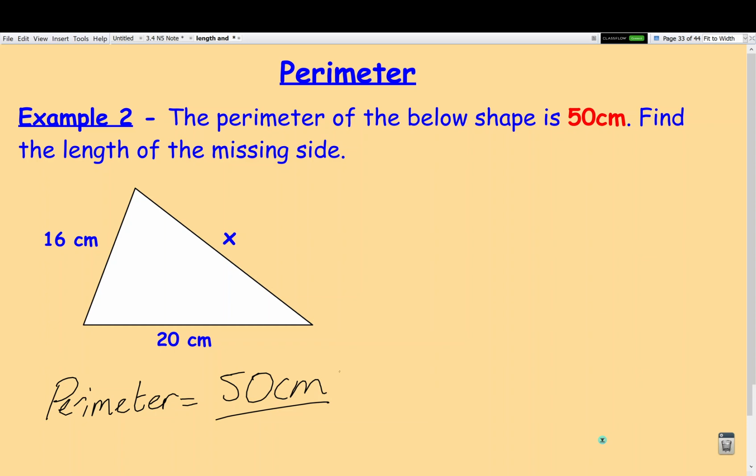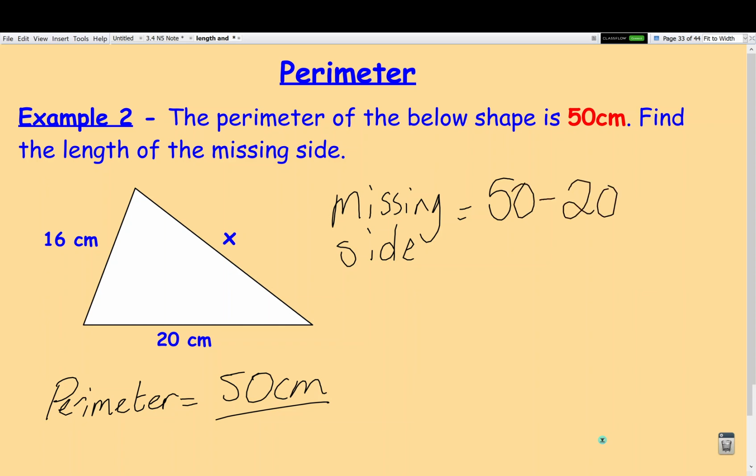Okay, so the missing side is going to be whatever I need to add to the other 2 to give me 50. So what I would probably do is 50 and take away the 2 sides you're given. So 50 take away 20, take away 16. That's going to give me that third side left over.